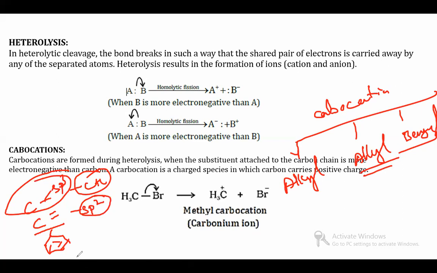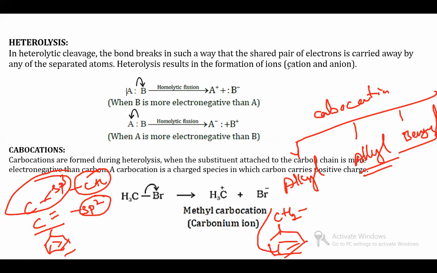Next, benzyl. Any group, a benzene group attached to any other group, is called aryl. If it attaches to a CH2 group, then it is called benzyl.